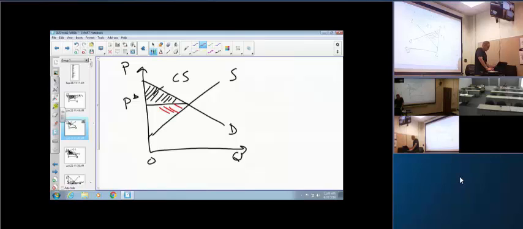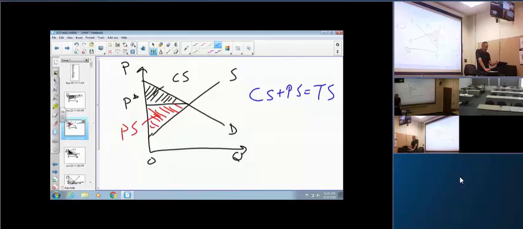And this area down here in red is the producer surplus. And you add those together, and you get your total surplus. All right, that's a quick and dirty lesson on consumer and producer surplus. What we say is that the market maximizes total surplus, and that's the combined consumer and producer surplus.